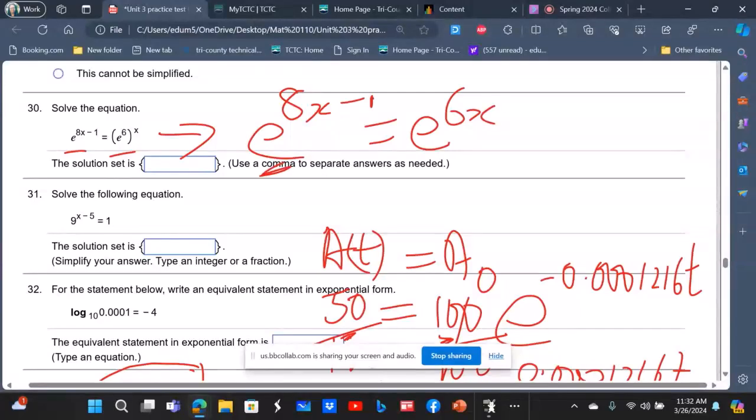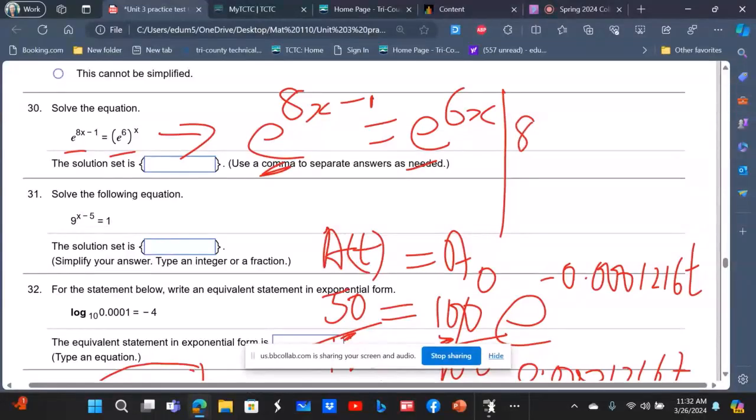And then the bases are equal, therefore the exponents are equal. We have already known that if the bases are equal, the exponents are equal. But if the bases are not equal, that is when you take natural log of both sides. The base is e now, the bases are equal, so I'm not going to take natural log of both sides.